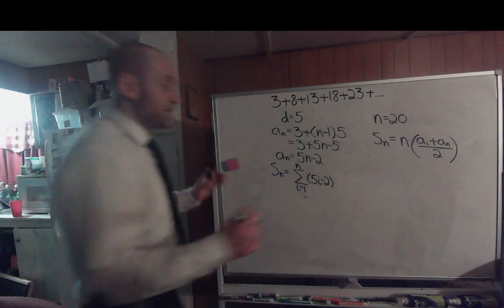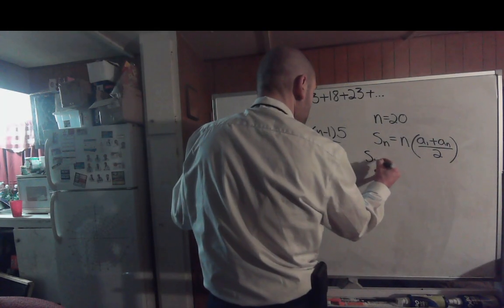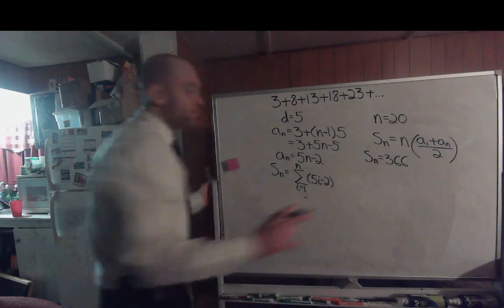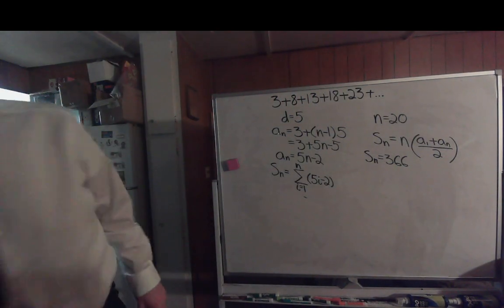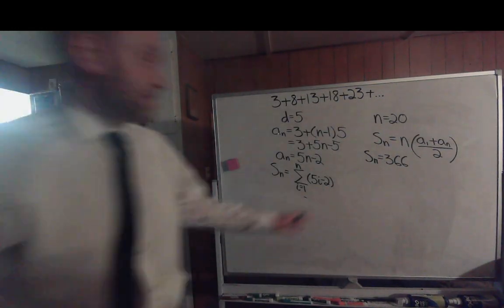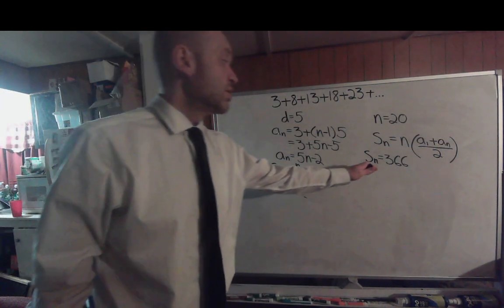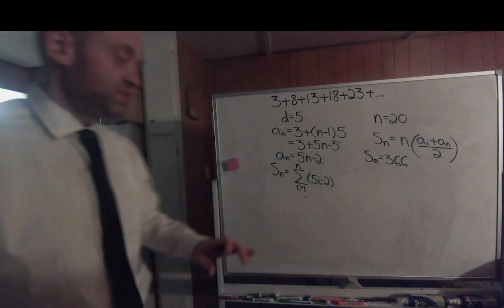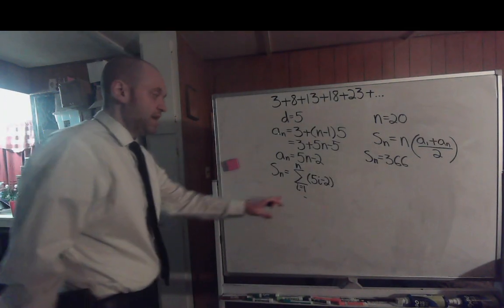We need to find the number of the term where the sum equals 366. So you may be asked also to find what term number gives you a sum of 366. So how would you do that?